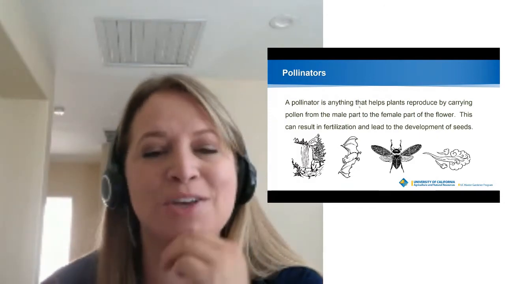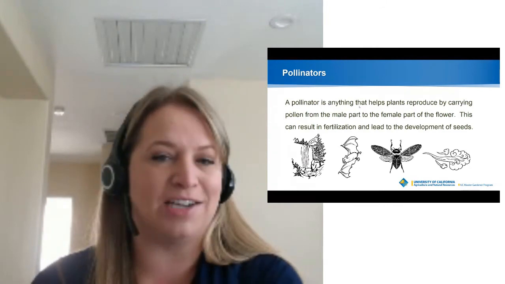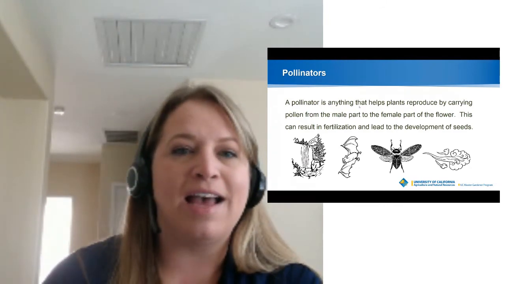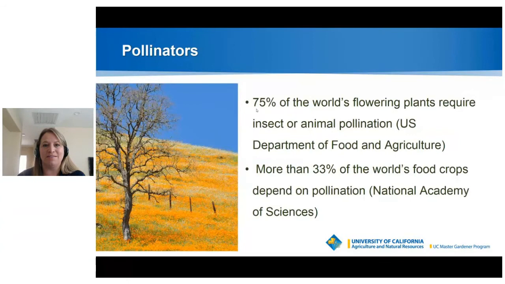So this is, as Lauren mentioned, the last day of National Pollinator Month. We want to talk about this month, but also year-round. Pollinators are incredibly important. Here are some easy stats to help you see why pollinators are so important. A vast majority of the flowering plants in our world require insect or animal pollination.